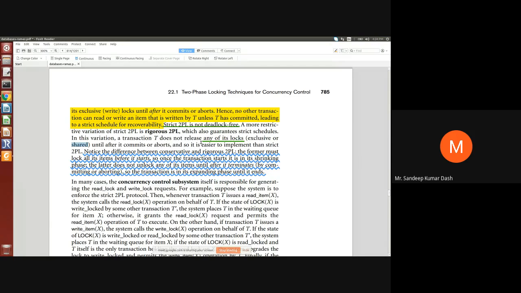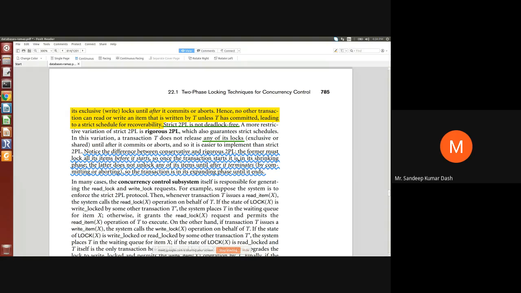Fine. Can you mark the difference now? What will happen with rigorous two-phase locking and what will happen with strict two-phase locking? There is another difference, between conservative and rigorous two-phase locking.